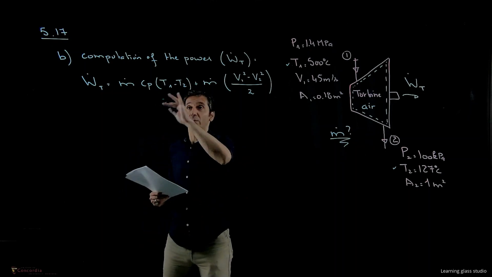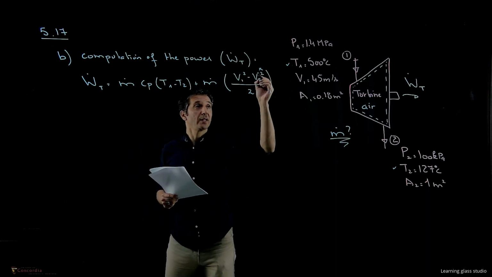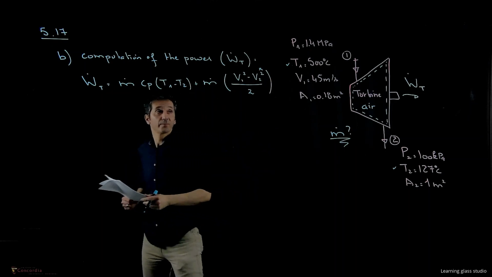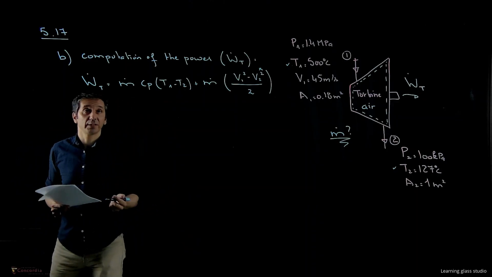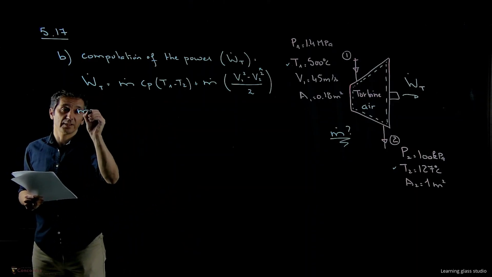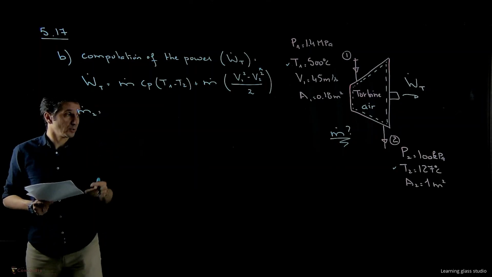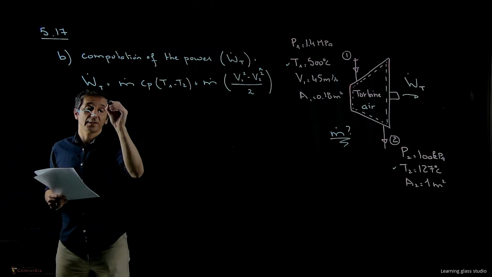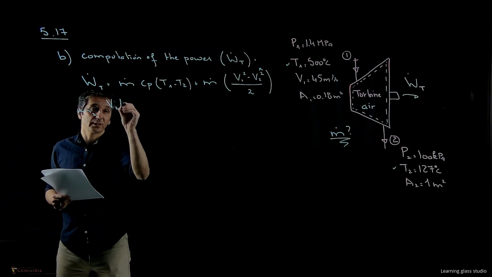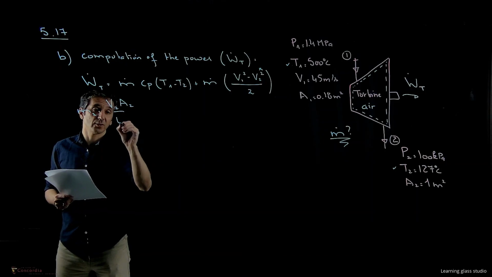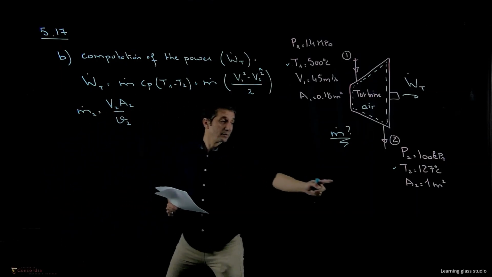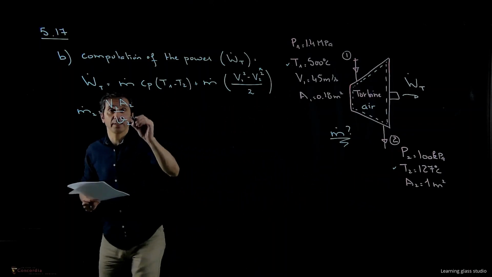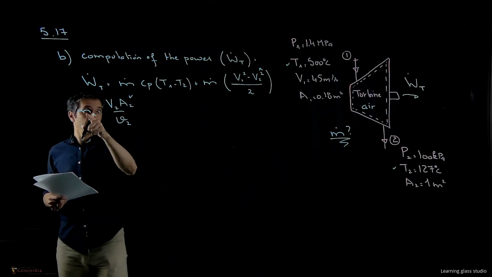Okay, so we reached this formulation, and we notice that we don't have V2. To get V2, what do we have? We have the definition of the mass flow rate, m dot 2, which is equal to m dot 1, is equal to m dot, is equal to V2, what we are looking for, times A2 over specific volume v2. Do we have the area? Yes, it's 1 meter squared here. Do we have m dot?